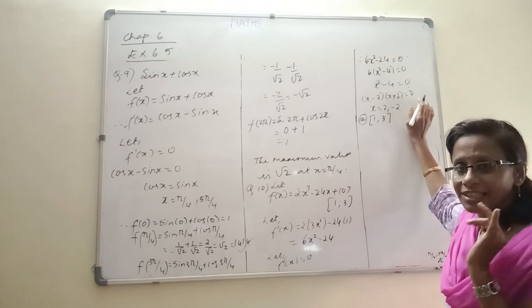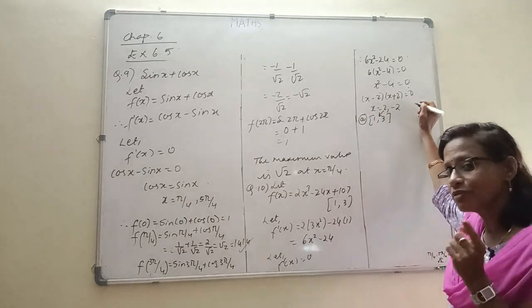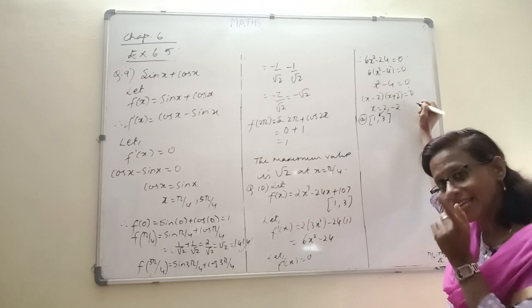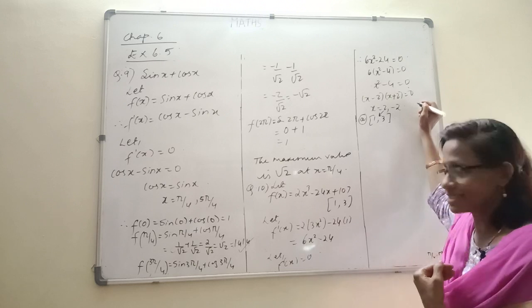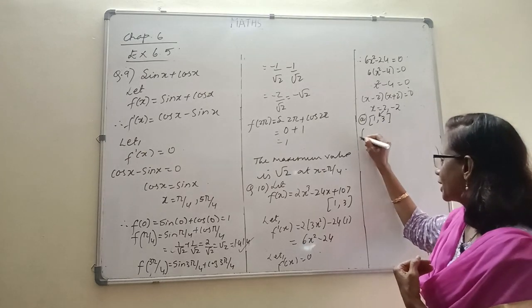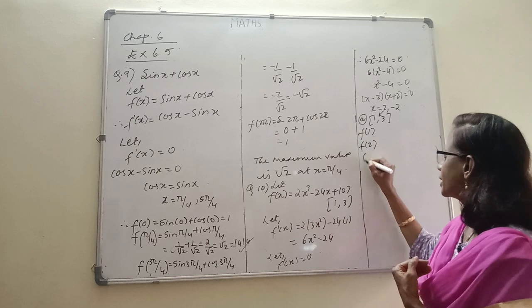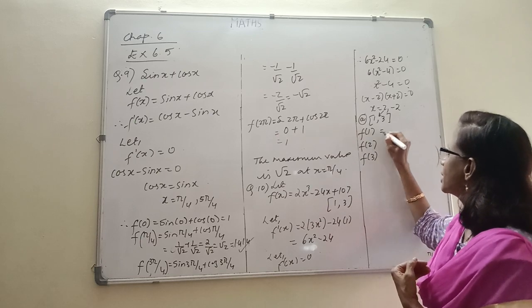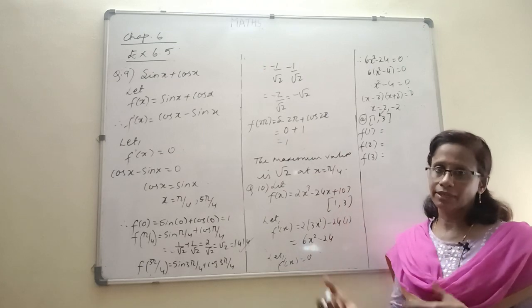If you're taking the interval 1 to 3, 2 is lying there. And if you're taking the interval from negative 3 to negative 1, then negative 2 is lying there. So accordingly, you have to take the point and find the answer. So we are going to find f at 1, f at 2, and f at 3 for the A sub question. And for the B sub question, we can take up the relevant values there.